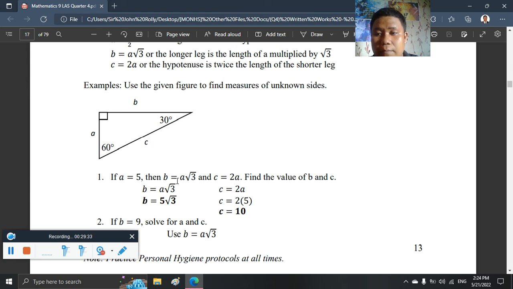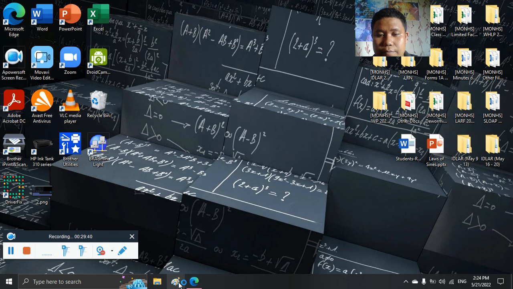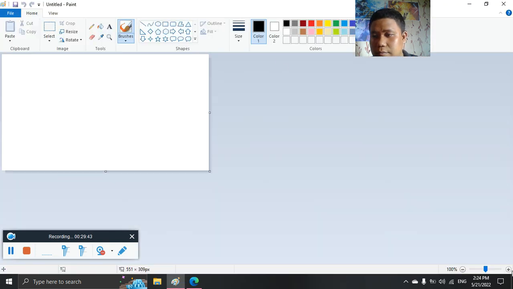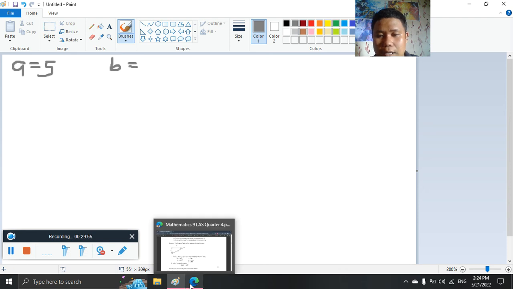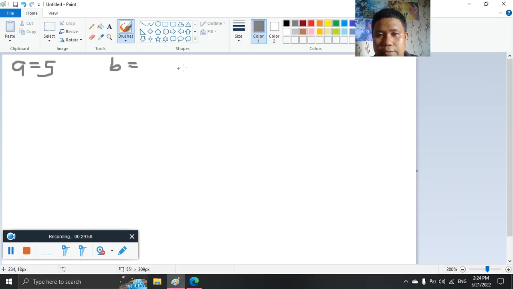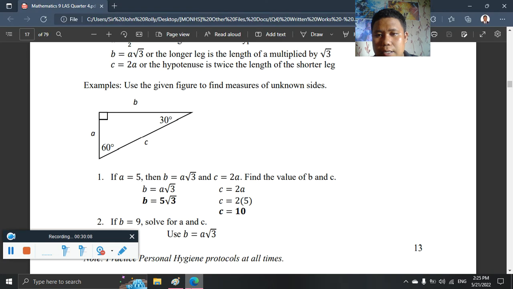Find the value of B and C. If A equals 5, then B equals A the square root of 3, then C is 2A.